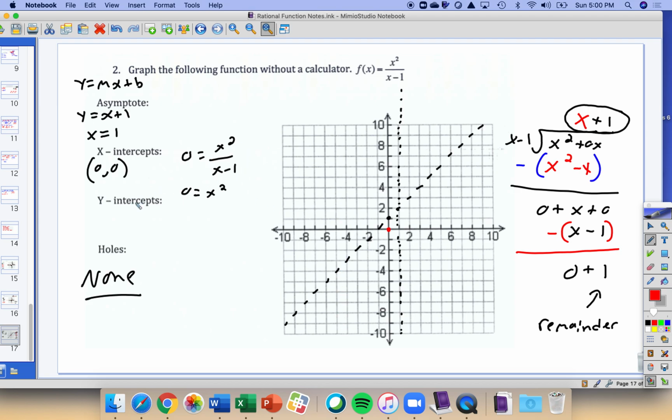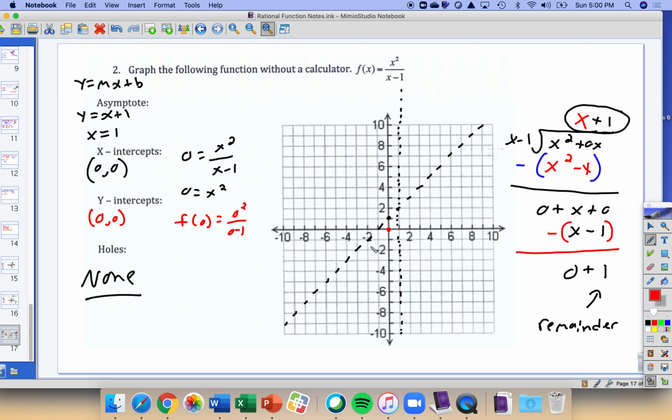I have a y-intercept at f of 0, which is 0 squared over 0 minus 1, which is the point 0, 0. Again, that makes sense because the point 0, 0 is both an x and y intercept. Now, I only have one point because they're the same point.